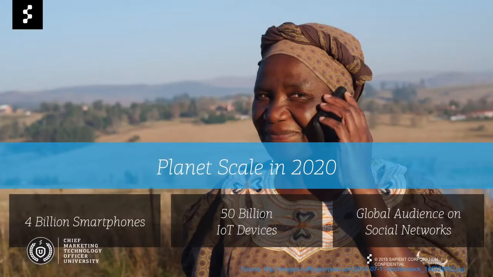Then another class of devices that's also just not there today, right? 50 billion IoT devices. You've heard that number a few times today already. So our applications that we build will want to interact with these devices, get data from them, and push data to those devices or reconfigure those products dynamically.